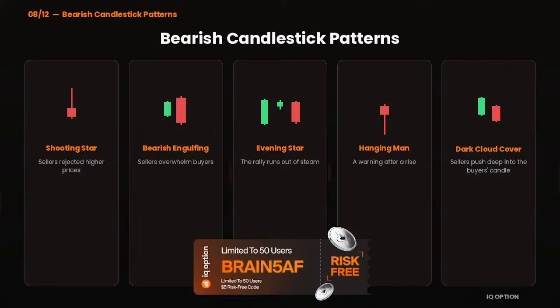When you see a hanging man in your chart, don't rush to open a sell position or a sell order. Be patient and wait until you have another bearish candle or another red candle confirming that the market is actually going down. So this is very important.